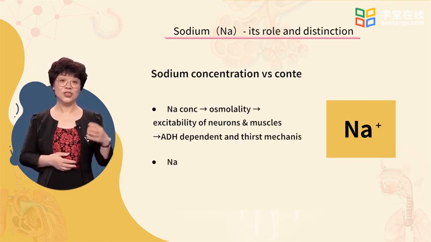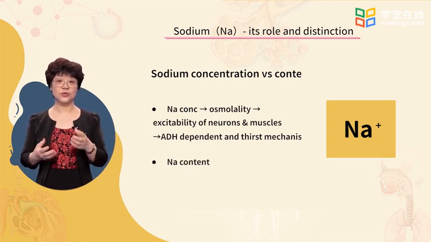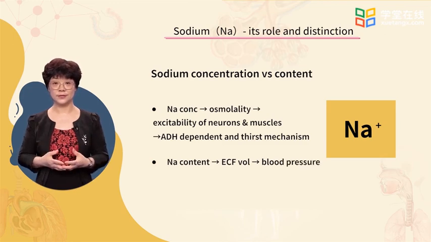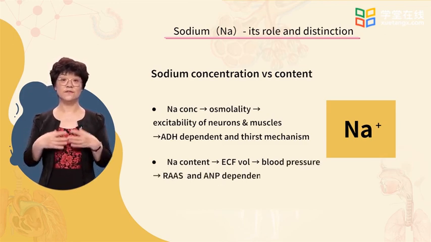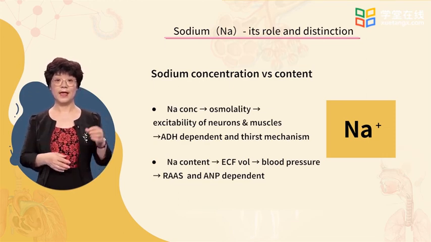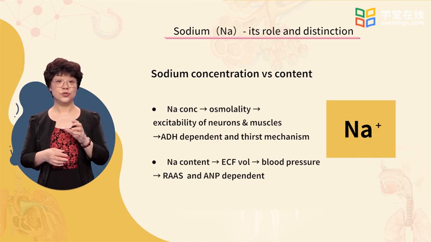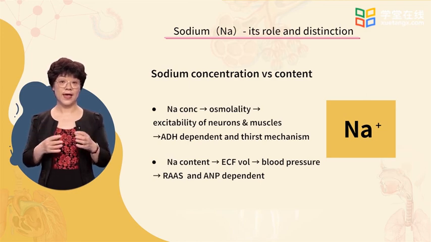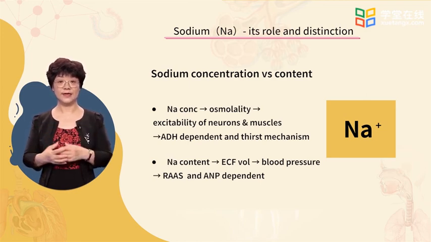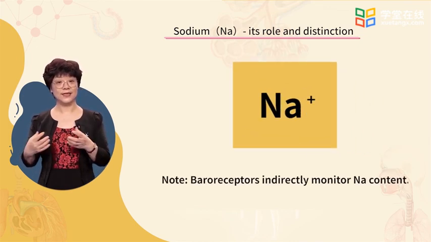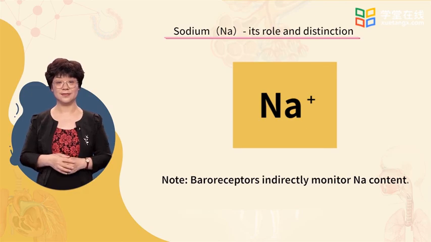On the other hand, sodium content is generally used when we talk about the ECF volume, blood pressure, and activation of the renin-angiotensin-aldosterone system, and atrial natriuretic peptide regulatory mechanisms. These water regulatory mechanisms will be discussed later. Please note that baroreceptors indirectly monitor sodium content.